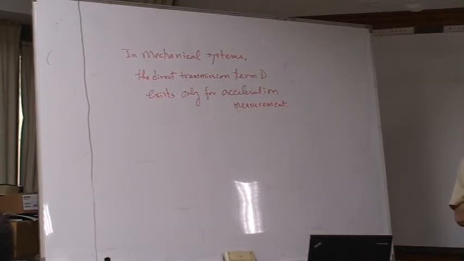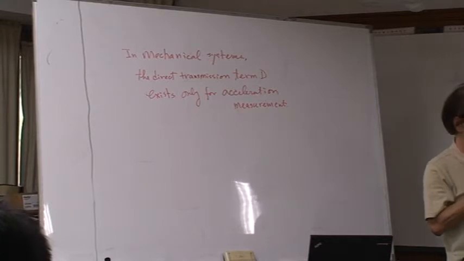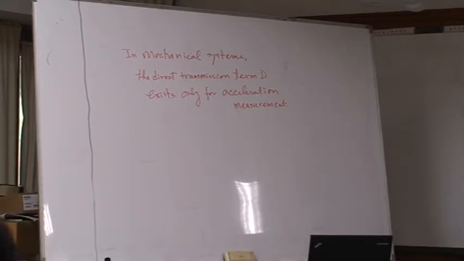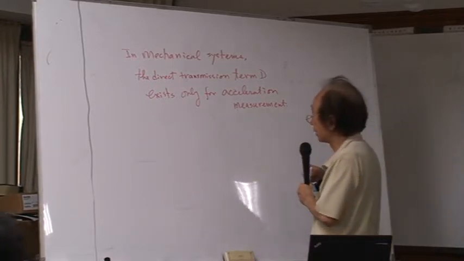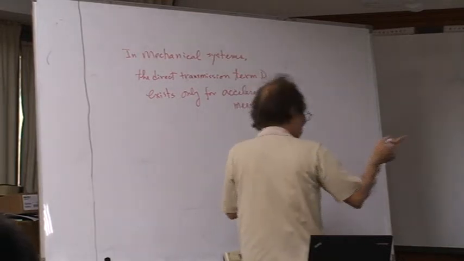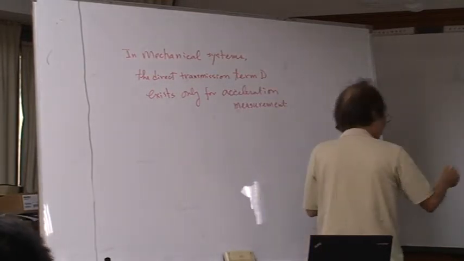I keep D here because D is important in control design. Some control designs really need a D term for them to exist. So that's why I have D here and I have lambda here. In this formulation we have D and lambda.